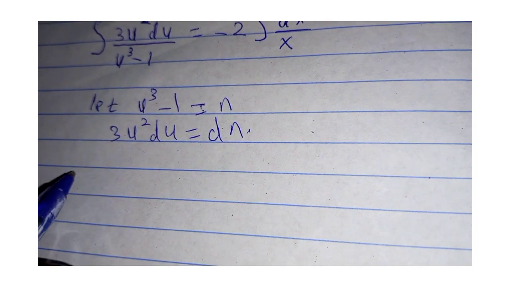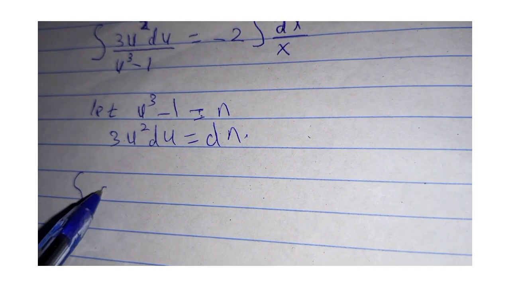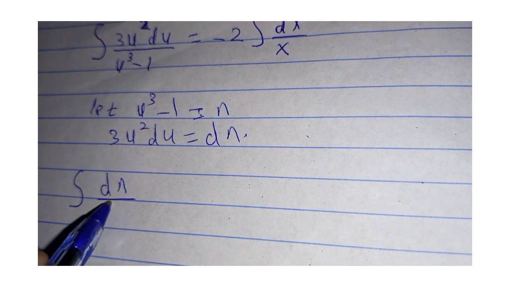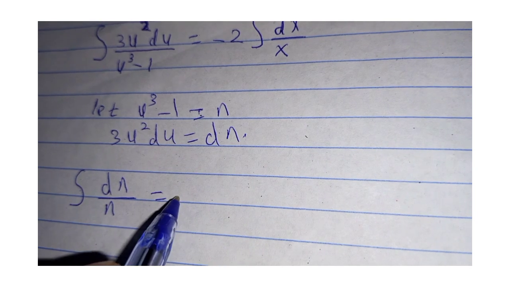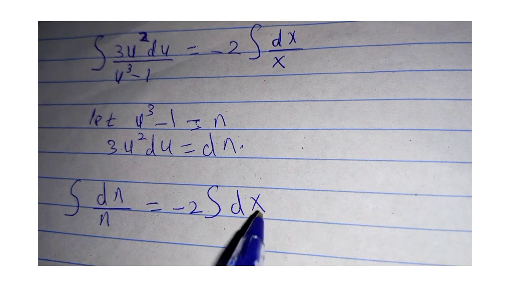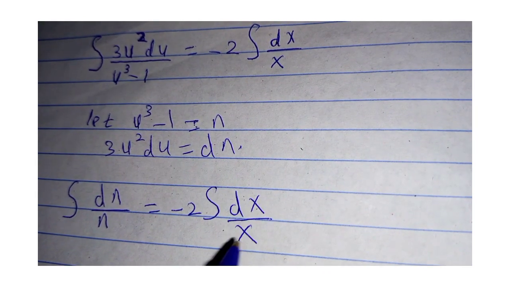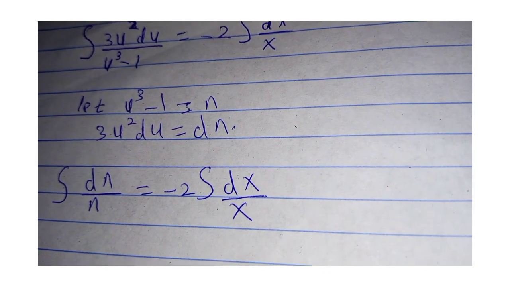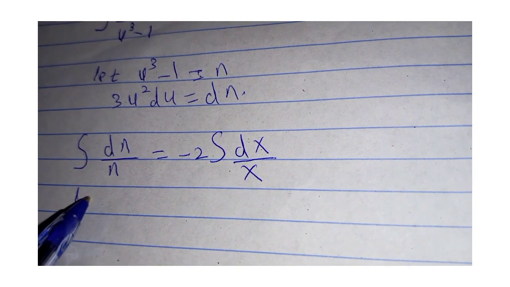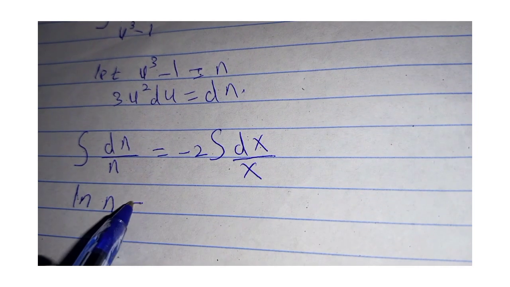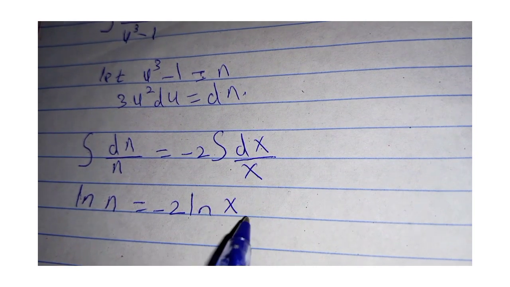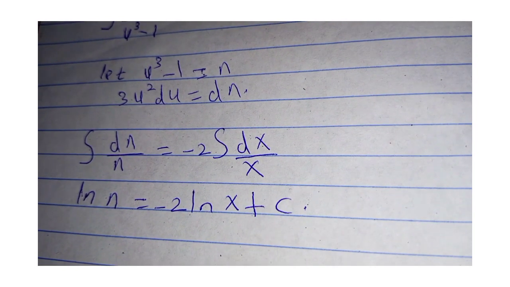So you are going to have integral of dn divided by n is equal to -2 integral of dx over x. Then from there we can integrate both sides to get natural logarithm of n is equal to -2 natural logarithm of x plus constant c.